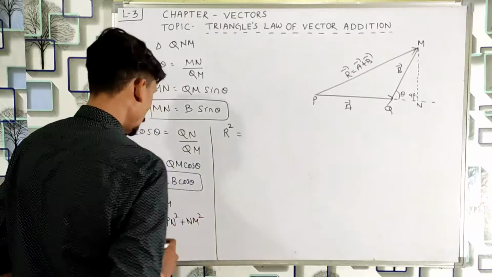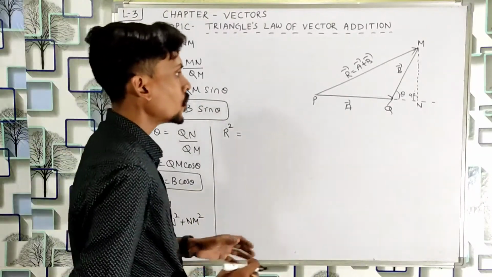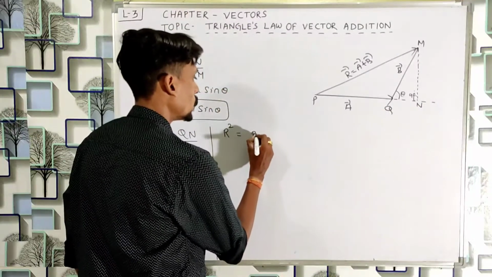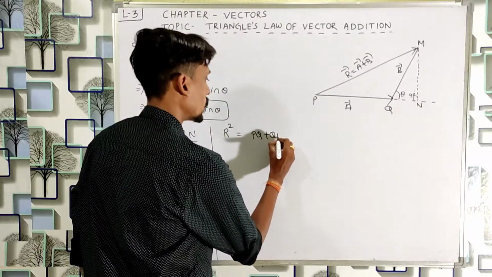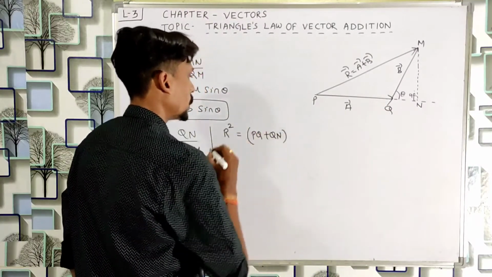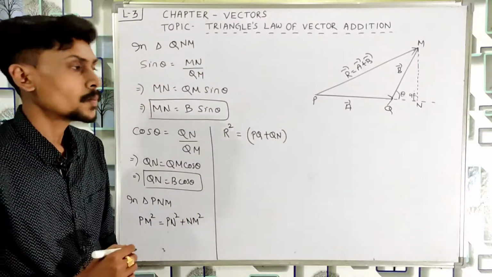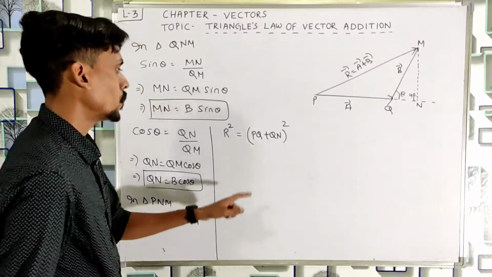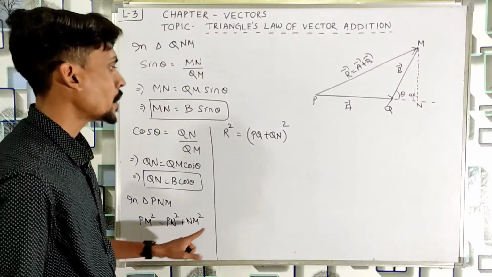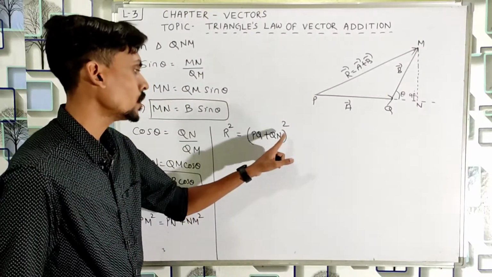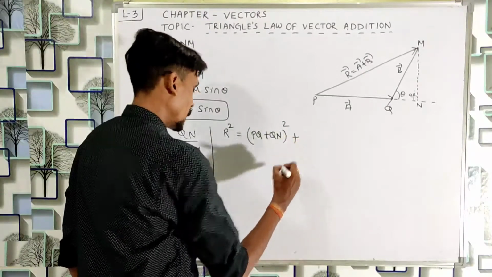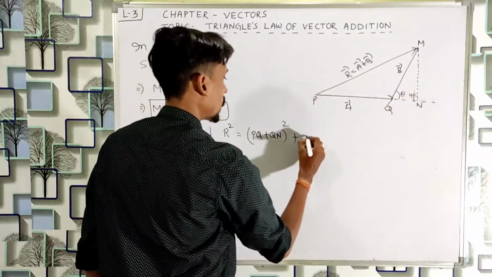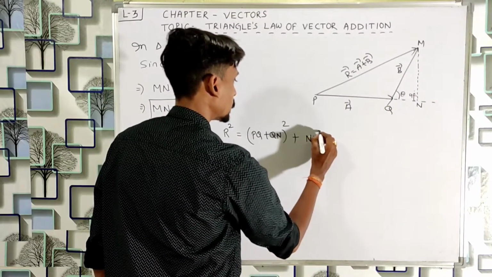That is equal to PN square. So PN can be written as PQ plus QN, and here we have to give a square. So in place of PN square I have written PQ plus QN whole square plus NM square.